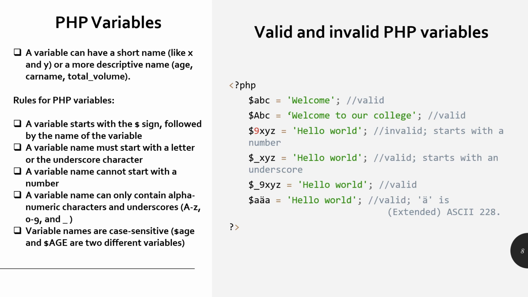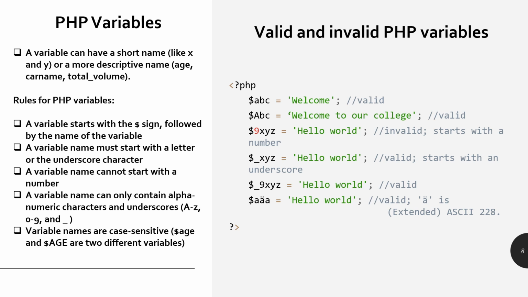It can only contain alphanumeric values and underscore, that is it uses 0 to 9 and underscore. Special characters are not allowed. Another important thing we need to remember here is variable names are case sensitive. $age with a small letter and $Age with a capital letter are not the same, they are different variables.